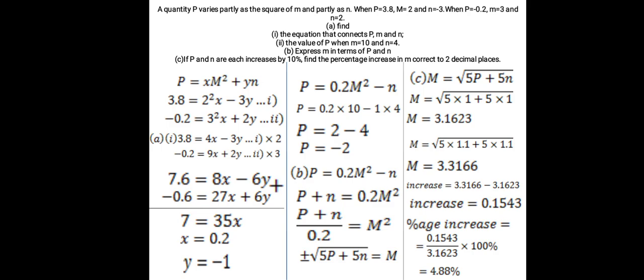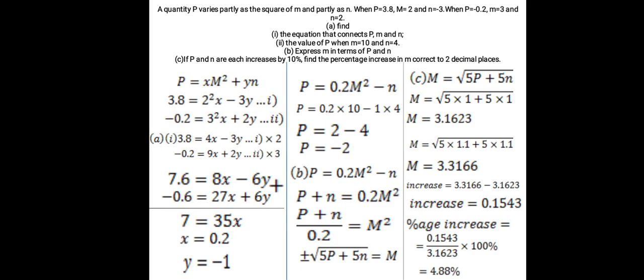The value of P is negative 2. Part 2 of part B, express m in terms of P and n. m in terms of P and n is m is equal to the square root of 5P plus 5n.